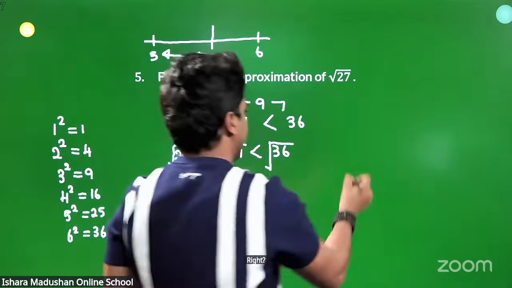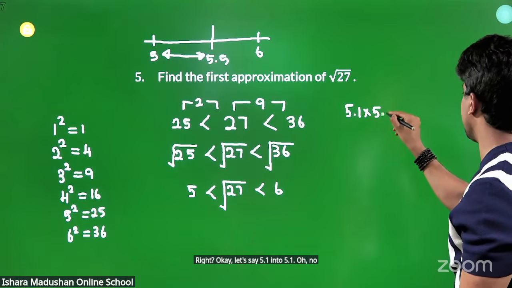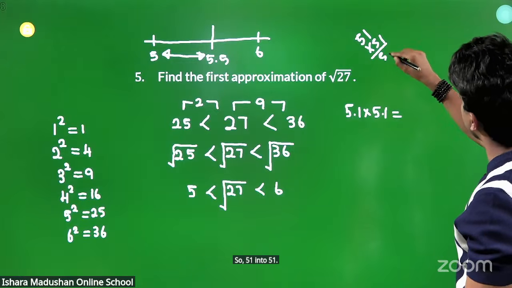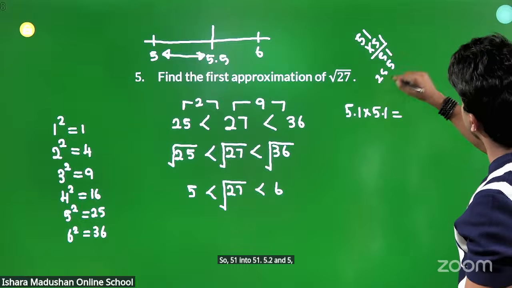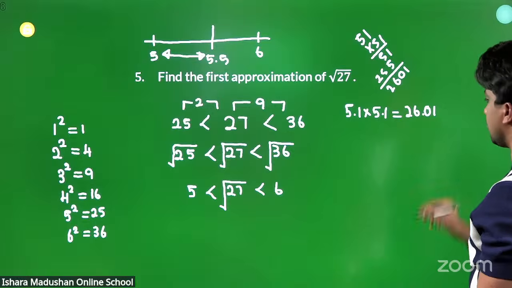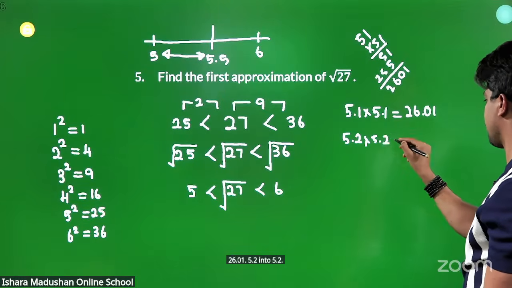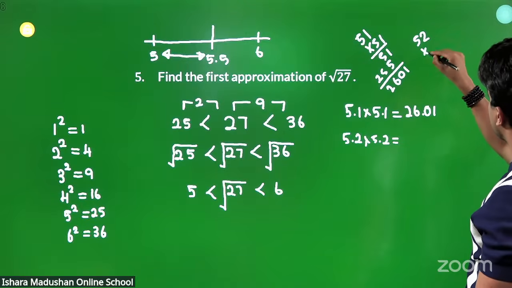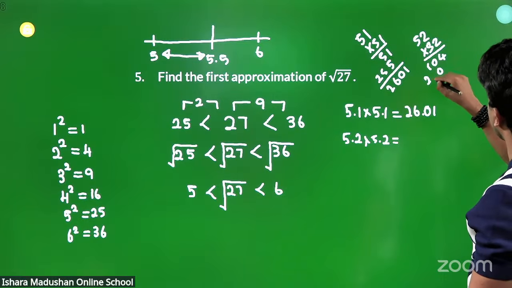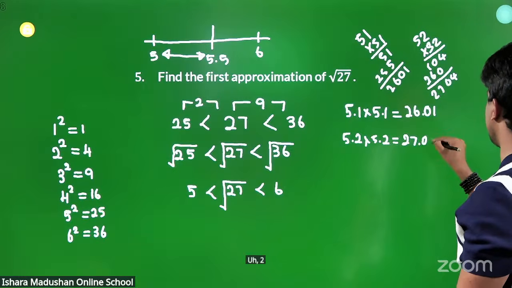Right? Okay, let's see 5.1 into 5.1. We check step by step. 51 into 51: 5 into 1 is 5, 5 into 5 is 25. That gives 26.01. Alright. 5.2 into 5.2 gives 27.04.